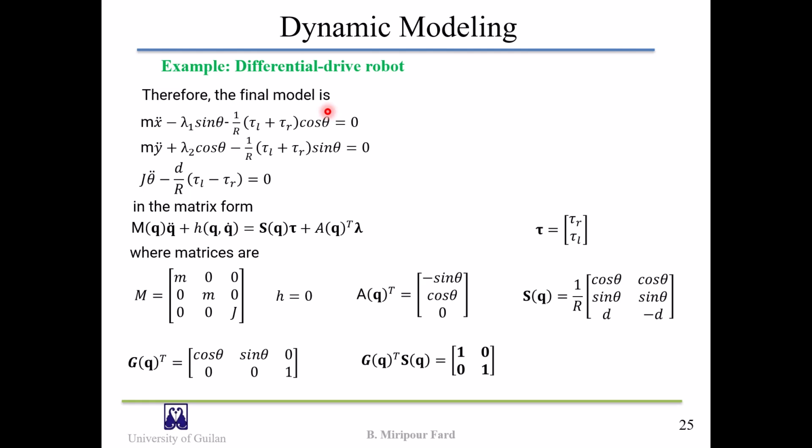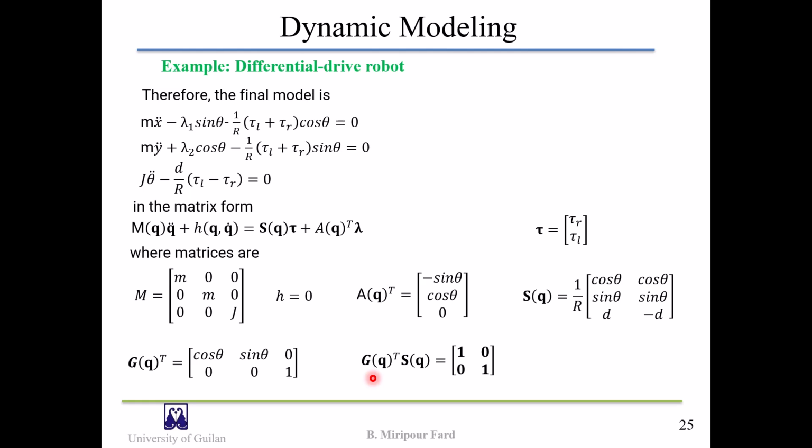Therefore, the final model is, as you can see here, for the x direction, for the y direction, and for the z-axis. In the matrix form, the equations will be as you can see in the slide. You can see the M matrix, the H matrix which is 0, the constraint matrix, the torque distribution matrix, and also the G matrix.